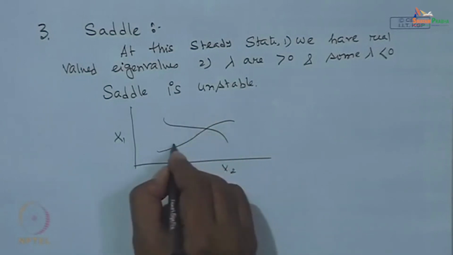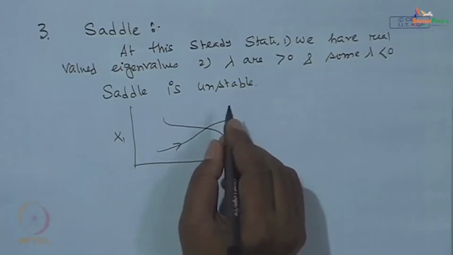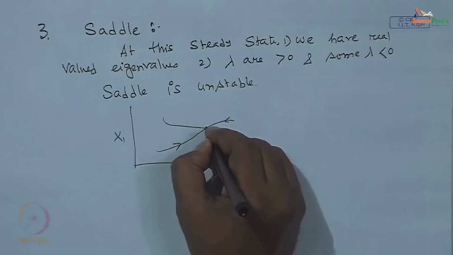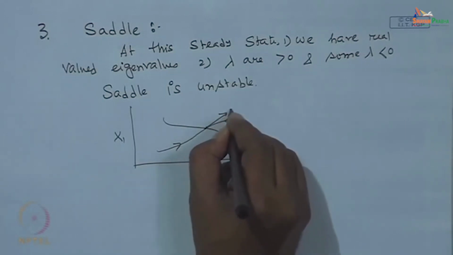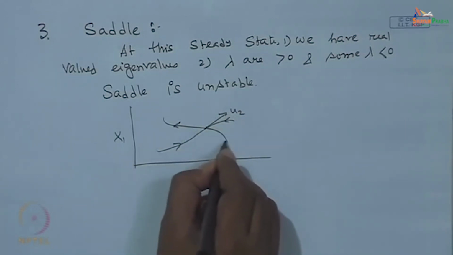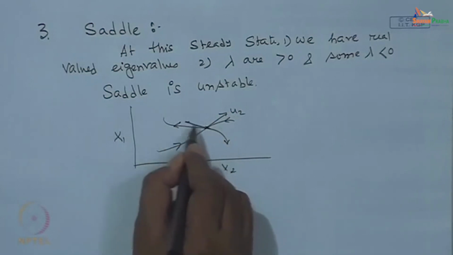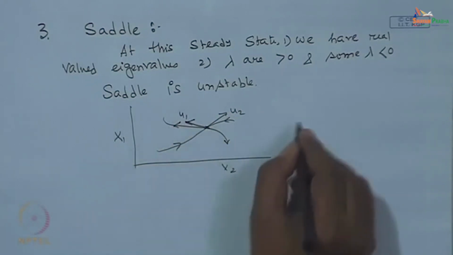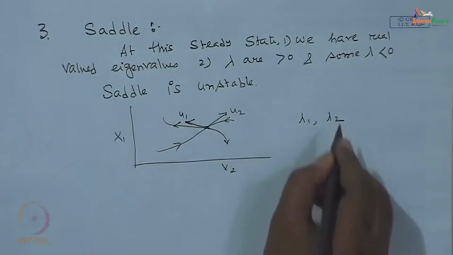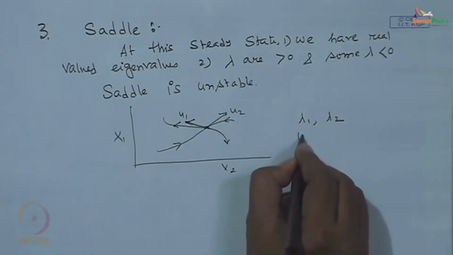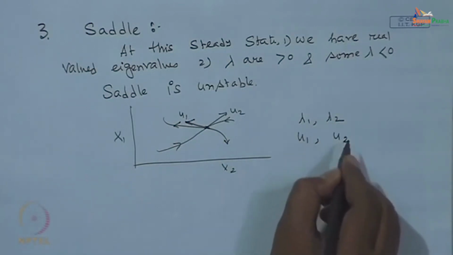If you look into the phase plane plot for the saddle, it will look something like this. Let us say this is u2 and this is u1. Lambda 1, lambda 2 are the two eigenvalues, and the corresponding eigenvectors are u1 and u2.